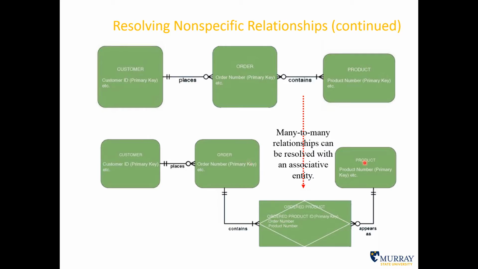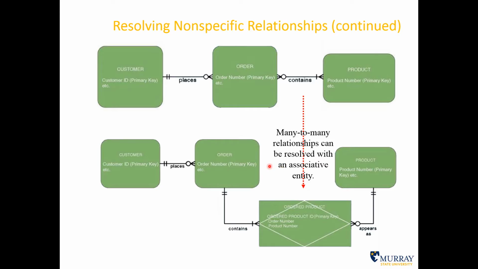Whenever a product is ordered, you make an entry in the ordered product associative entity. It's some kind of ledger, some kind of record that is used to record transactions of the two entities that are being linked. Okay? Now I'll show you how associative entities work at the table level.